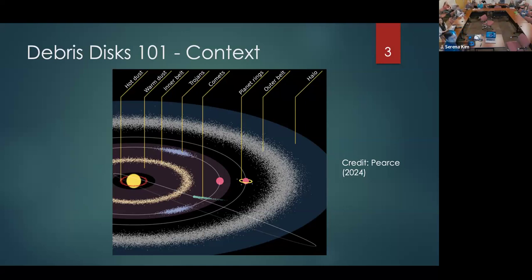If you're interested in learning more about debris disks, I highly recommend this recent review paper by Tim Pearce. It's a very good introduction to what these systems are and how we observe and model these systems. So definitely check that out if you're interested.